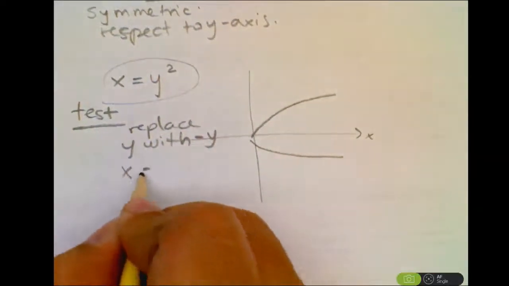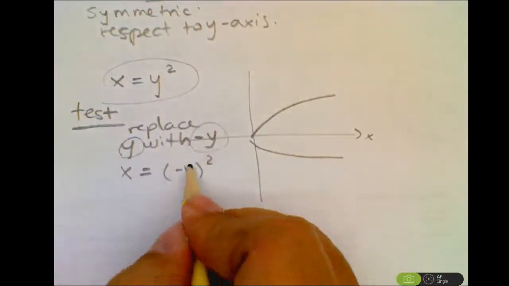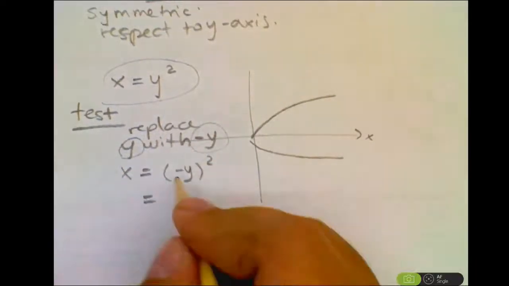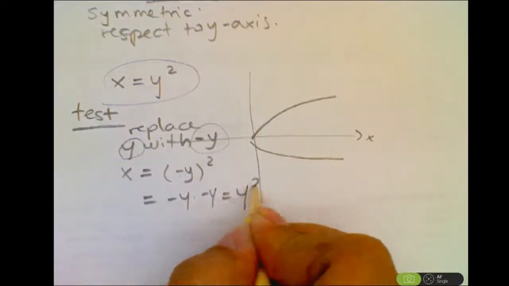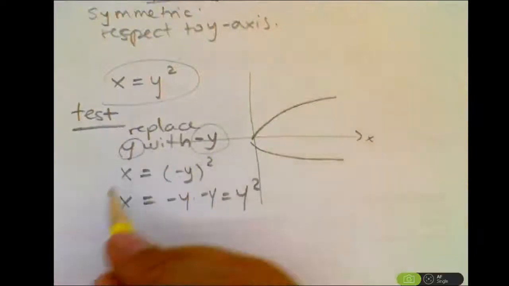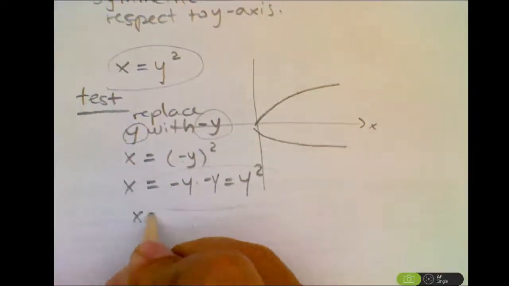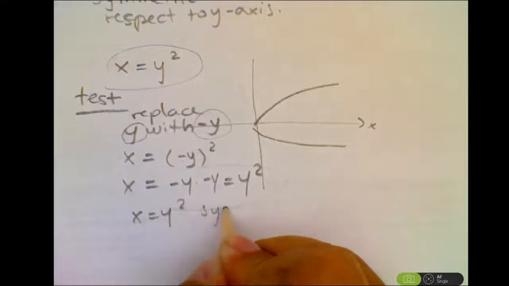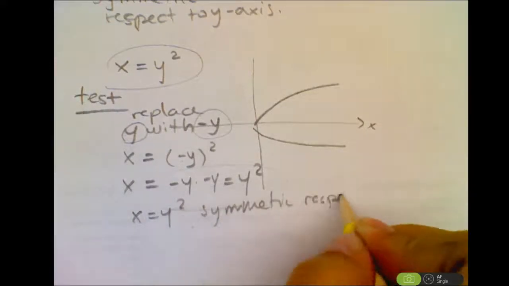So I'm going to take my equation and replace y with -y and see if I get the same thing. (-y) squared is -y times -y, and that is y squared, which is actually the same thing that I had before. Since the equation is unchanged, then I say x equals y squared is symmetric with respect to the x-axis.